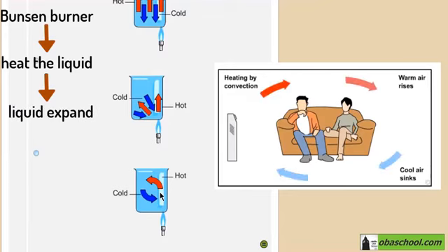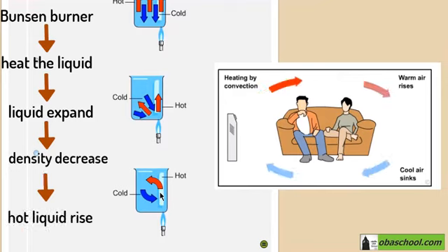This causes its density to decrease, as we have discussed earlier, and when the density decreases, this causes the floating of this liquid, and when the hot liquid is floated, the cold one will sink.